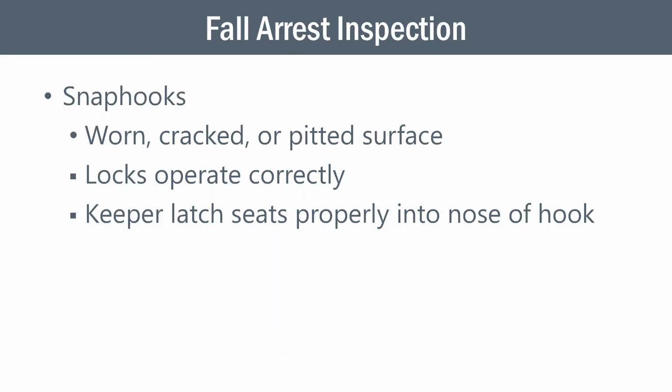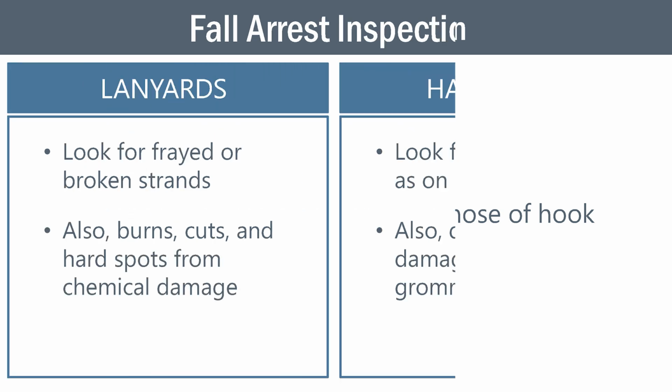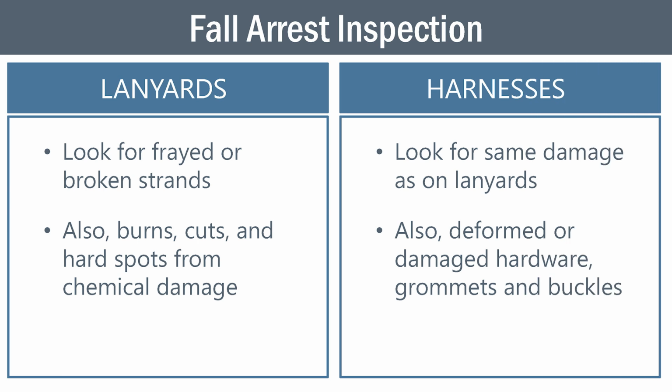All right. So like with snap hooks, we look for worn, cracked, or pitted surfaces. Does the locking mechanism operate correctly? Does the latch seat properly into the nose of the hook? Things of this nature. On lanyards, I look for frayed or broken strands, cuts, burns, chemical damage.